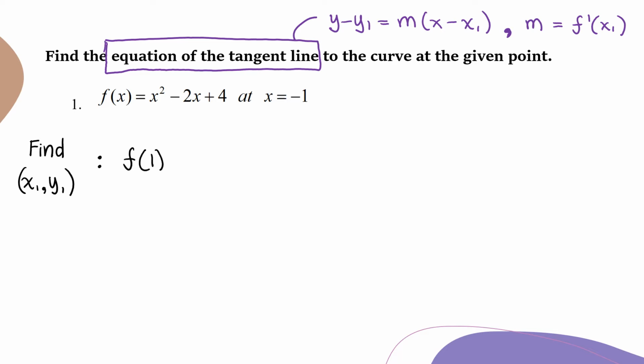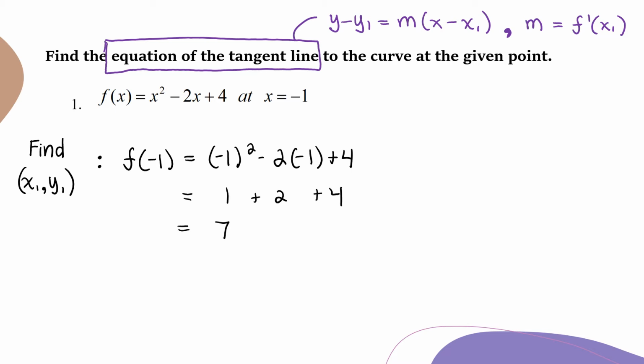So f of -1 will be equal to -1 squared minus 2 times -1 plus 4. So that's 1 plus 2 plus 4, which is equal to 7. And that's the output, so that's my y1. So my point is -1, 7.